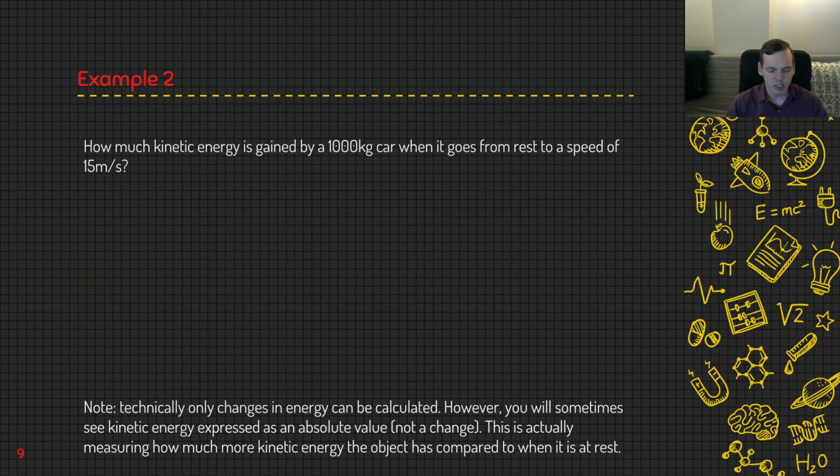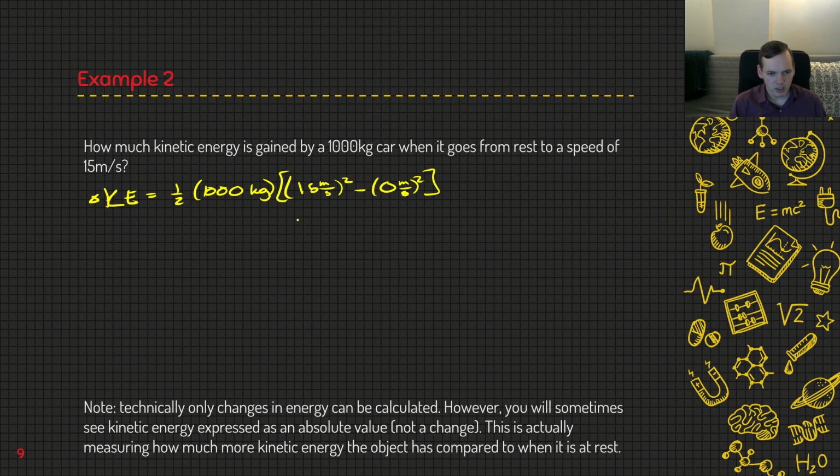How much kinetic energy is gained by a 1,000 kilogram car when it goes from rest to a speed of 15 meters per second? So again, delta KE is equal to 1/2 times 1,000 kilograms times the final speed of 15 meters per second, squared, minus the initial speed of 0 meters per second, squared, because it was at rest.